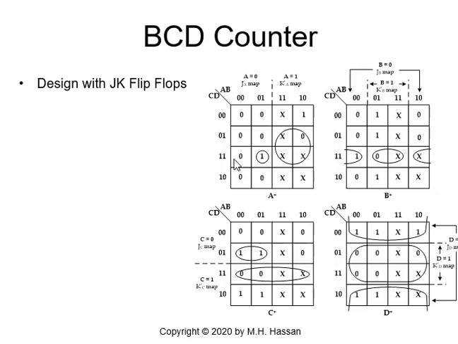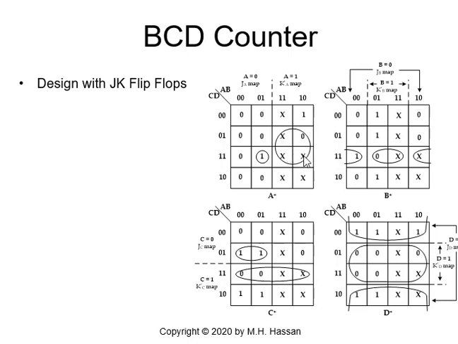So JA is BCD. How about KA? We go to the A equals 1 map, the A map, and we simplify for the zeros to get K. If we group the ones, we will get K prime.